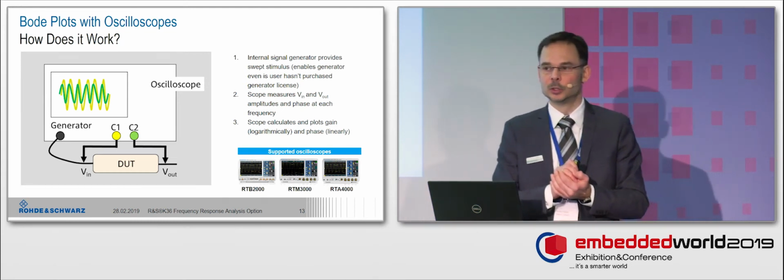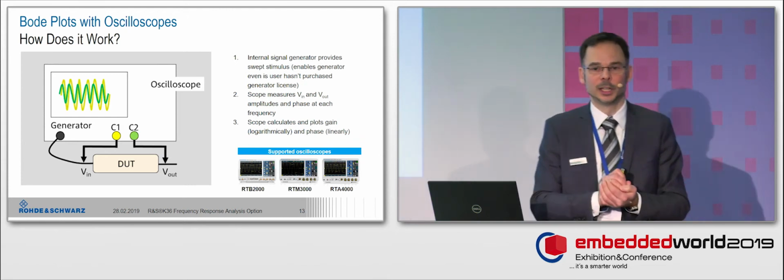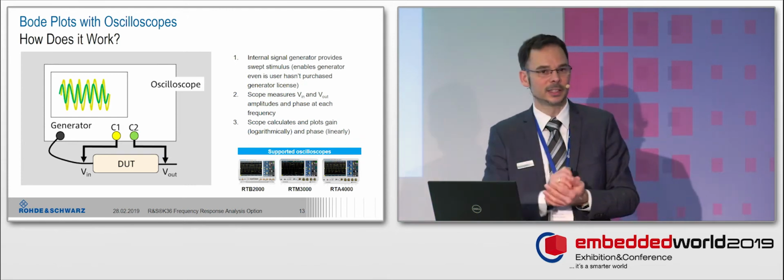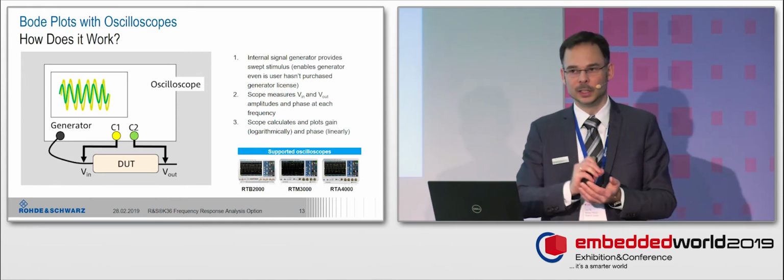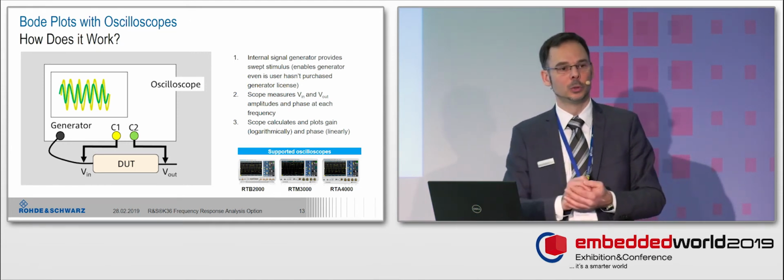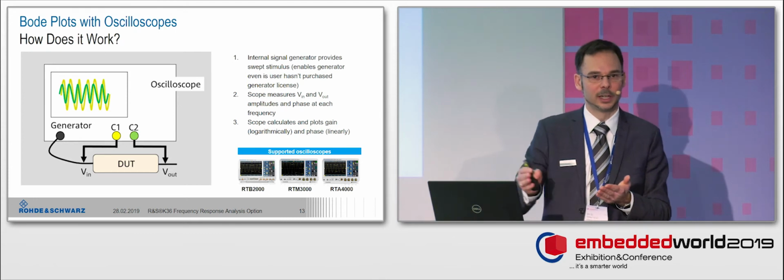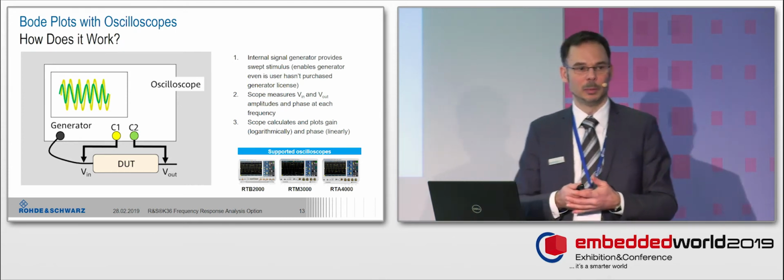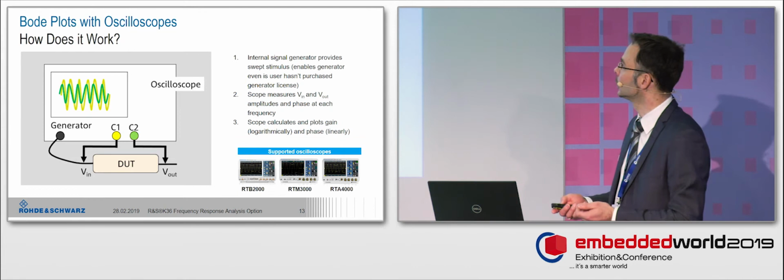What you have to do is basically, with the generator you create a disturbance signal which you feed into the feedback loop, and with the two channels you measure the result. Based on that you can make a stability measurement, so a Bode plot.